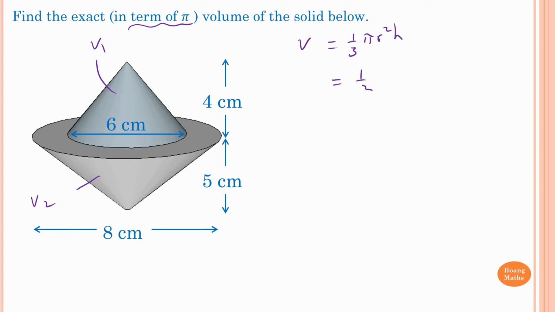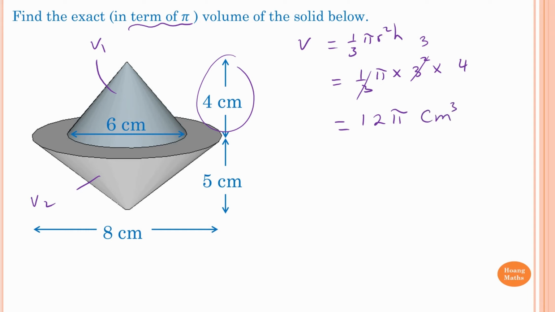So 1 over 3 pi times the radius squared, 3 squared, and times the perpendicular height, which is 4, and in terms of pi, or exact volume. So 1/3 of 9 is 3, and 3 times 4 is 12, which is 12 pi. That is exact. And cubic centimeters.